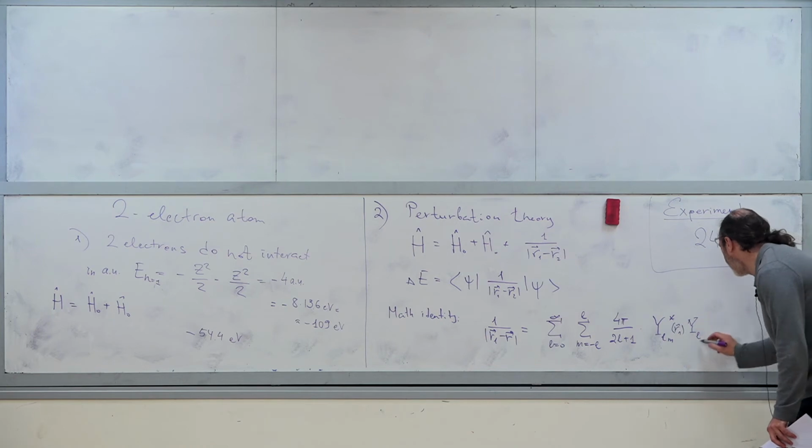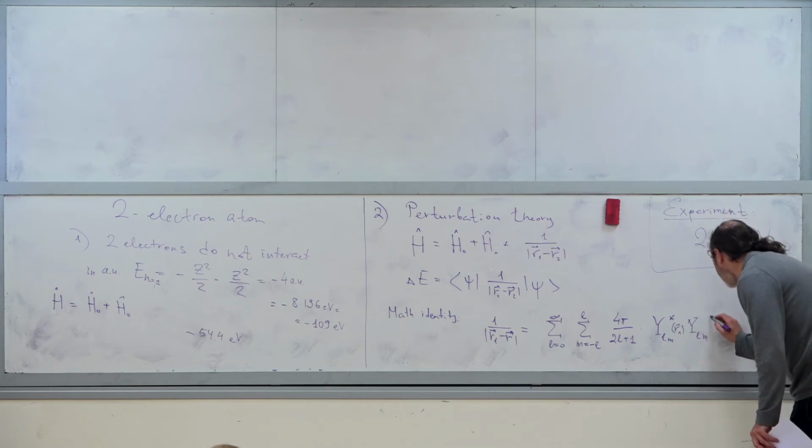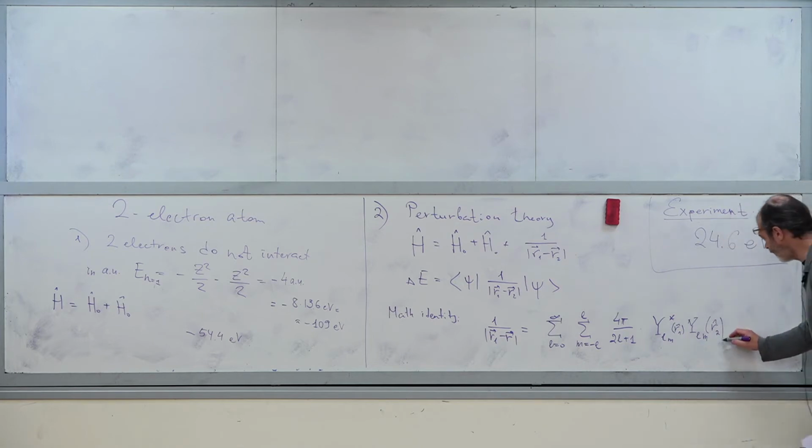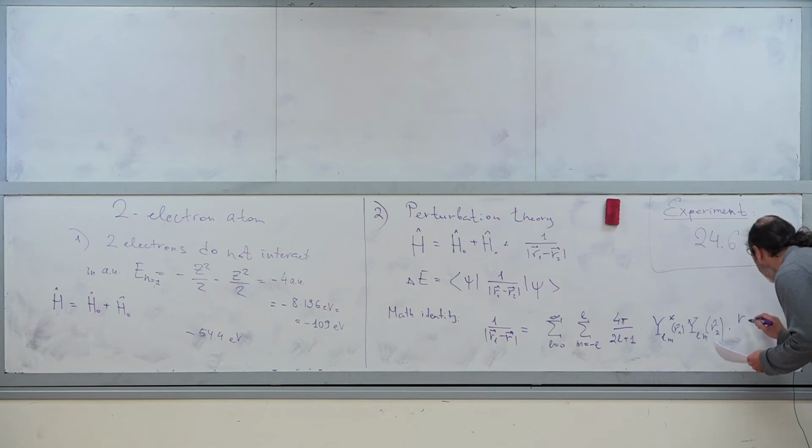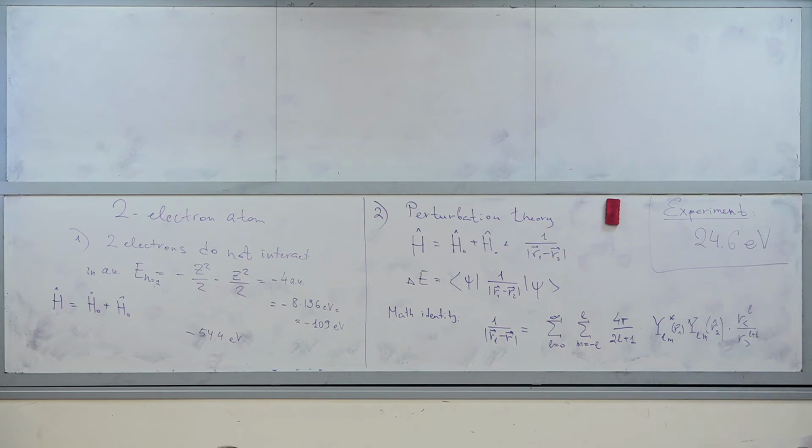Here I have the spherical harmonic LM, which acts on R2, which defines phi 2 and theta 2. And then I have the multiplication factor, R small to the power of L divided by R big to the power of L plus 1.